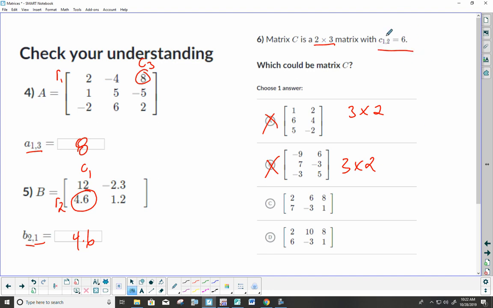We're looking for the element that's in row 1, column 2. Row 1, column 2. This is row 1. This is column 2. So row 1, column 2. So it has to be C.